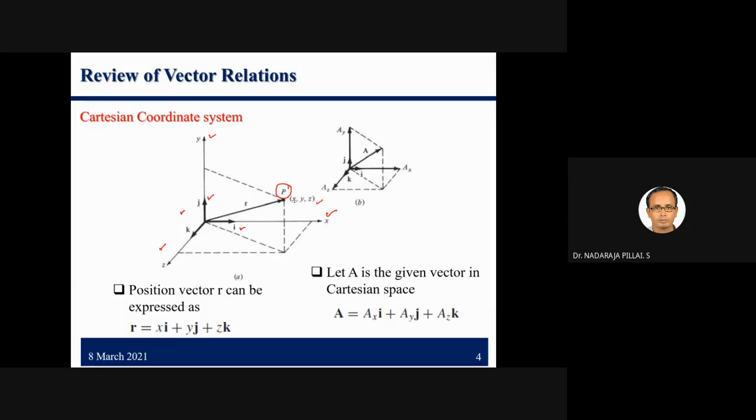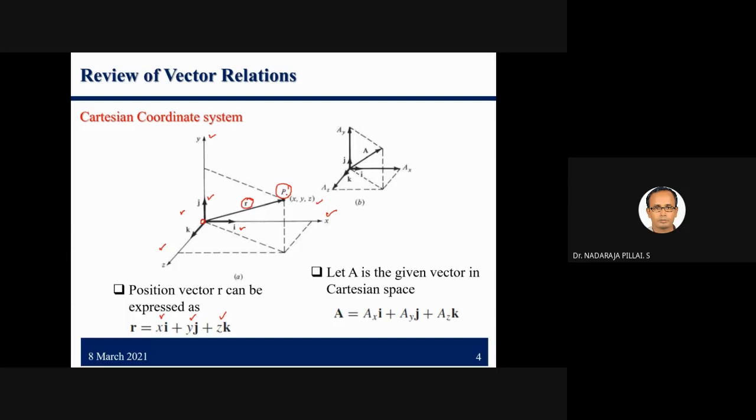This point can also be located by a position vector r from the origin, which is represented as xi plus yj plus zk.